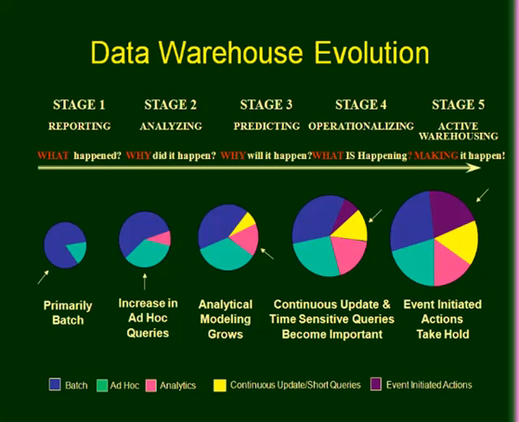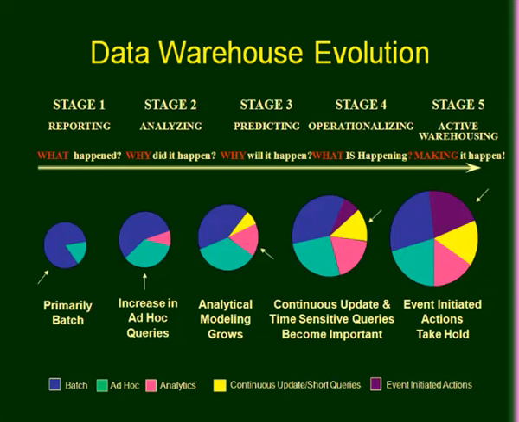Operationalizing the data warehouse is nothing but continuous update, and time-sensitive queries become important. And if you go to the last stage, the active data warehousing stage, event-initiated actions take hold.